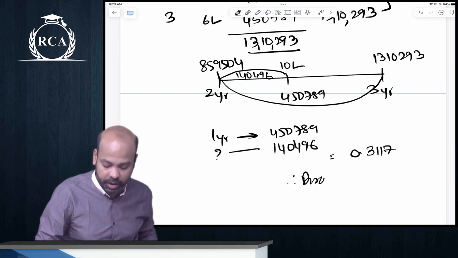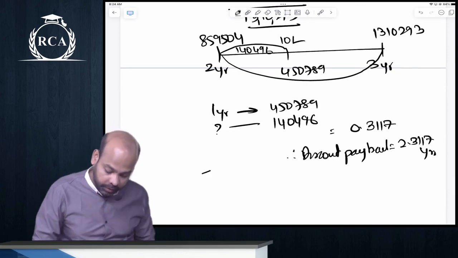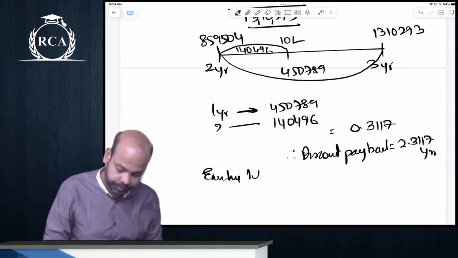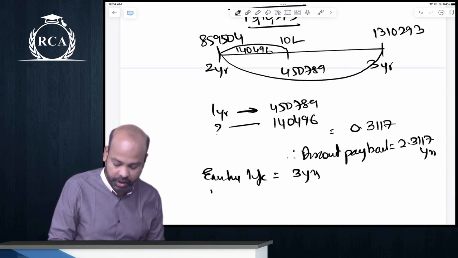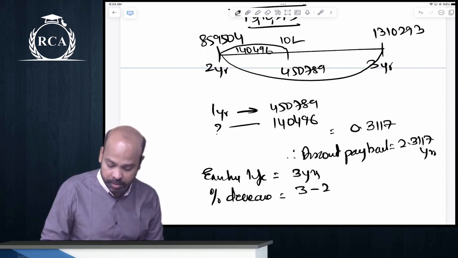Therefore, guys, the discounted payback period, beta, will be 2.3117 years. What is the existing life, beta? 3 years. Percentage decrease: 3 minus 2.3117 divided by 3.